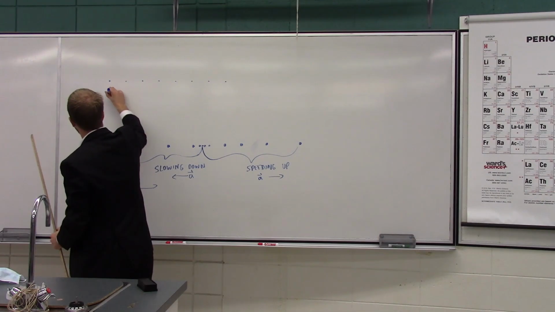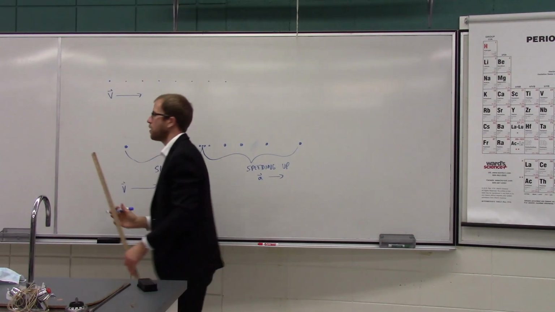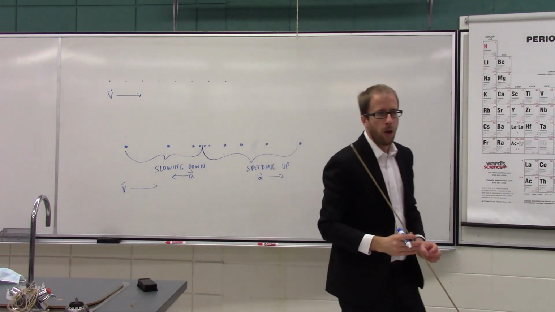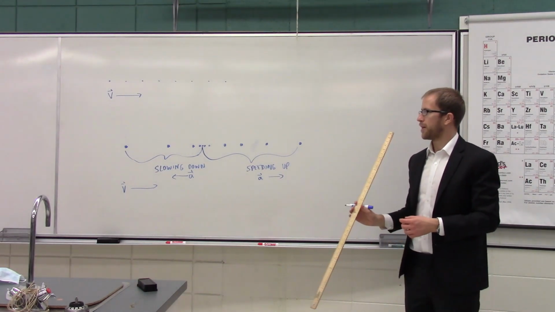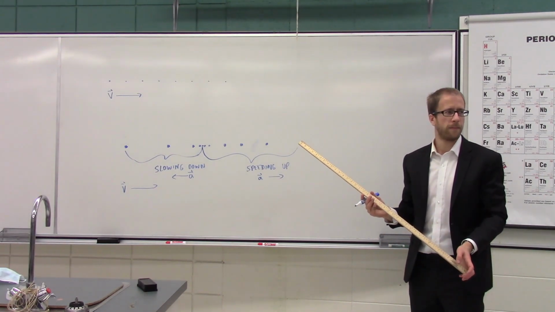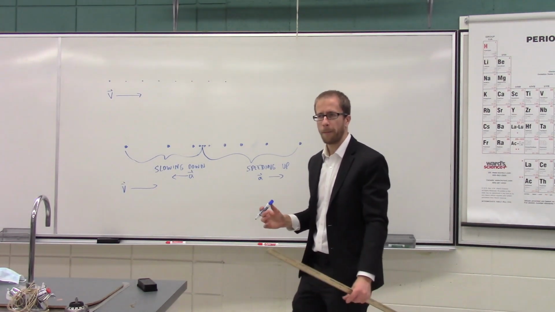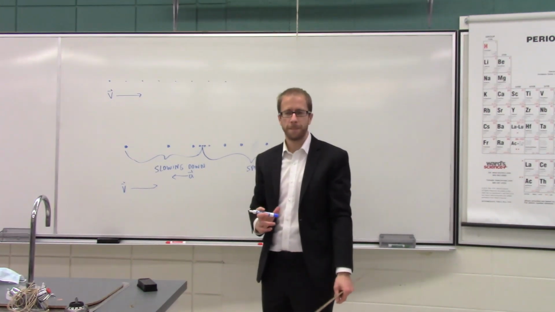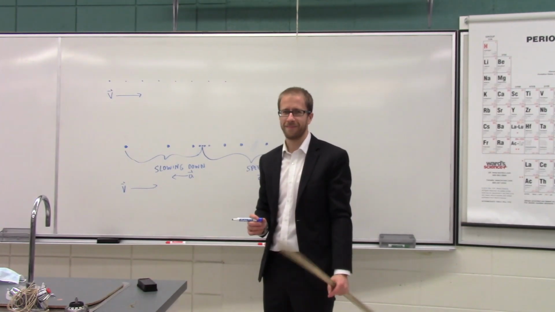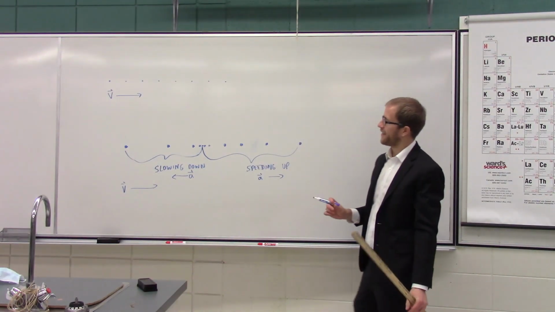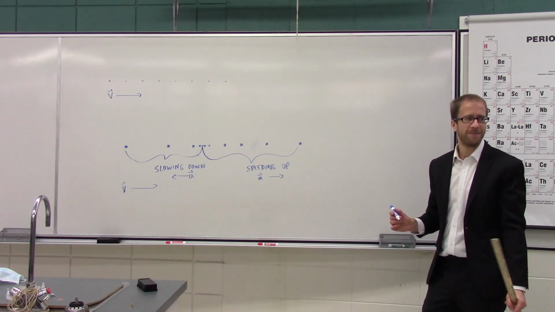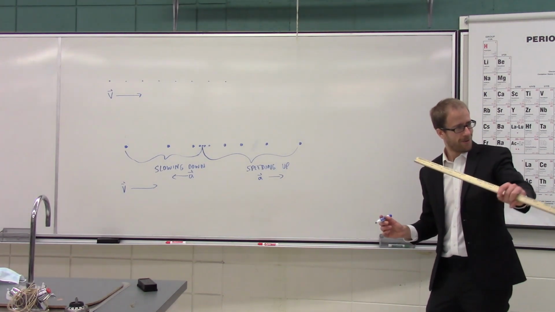Our direction of travel is still that way. What would you say about this object's motion? It keeps the same speed. Yeah, it keeps the same speed. So what is its acceleration? What is this object's acceleration? Yeah, you're right, Evie. What is it?